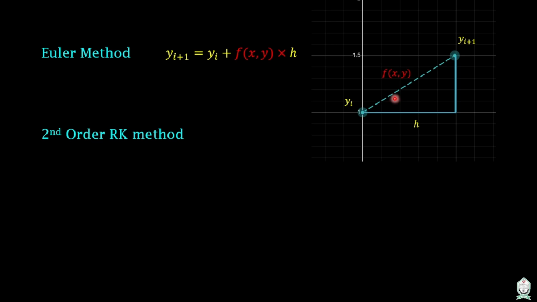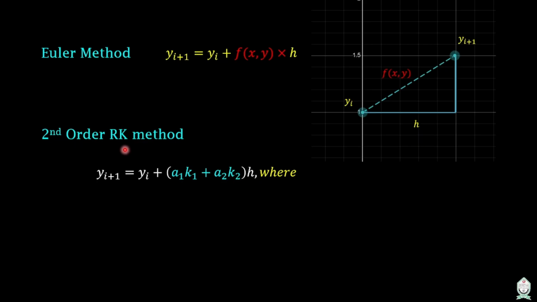So our discussion will start with the second order Runge-Kutta method. Why is it called the second order Runge-Kutta method? Because it has come to this version using the Taylor series, up to the second order term of the Taylor series. The main idea here is the same as in Euler's method.